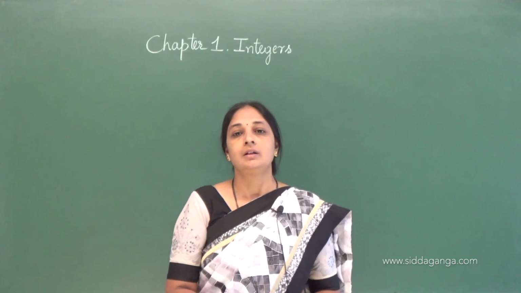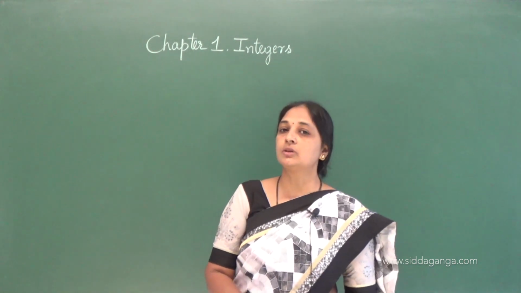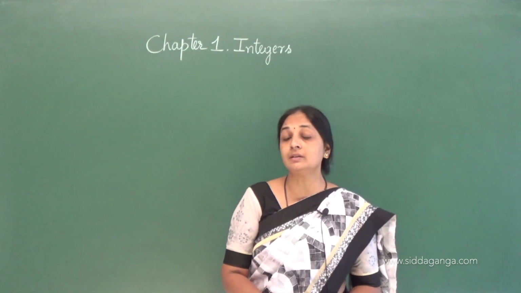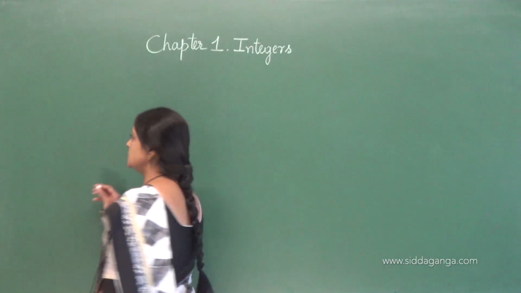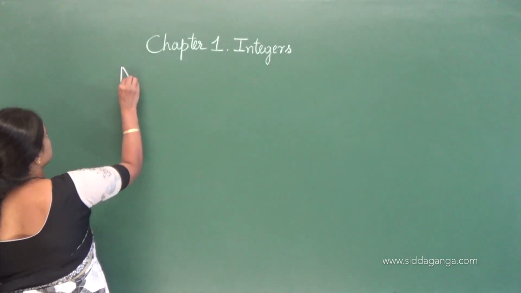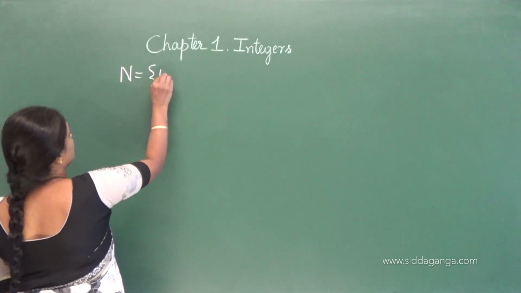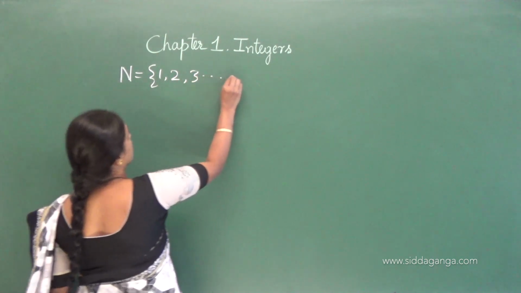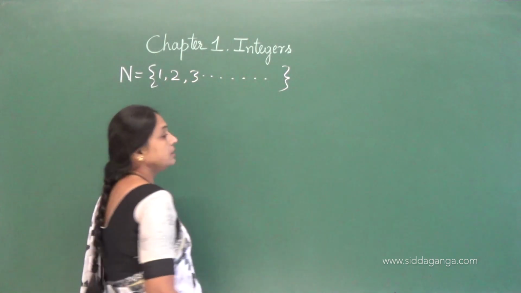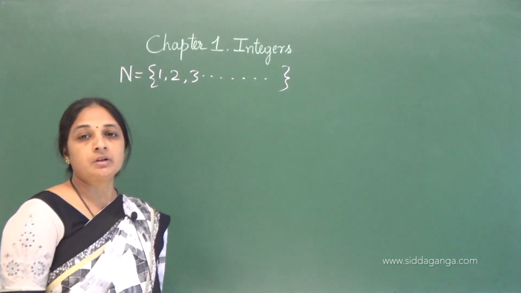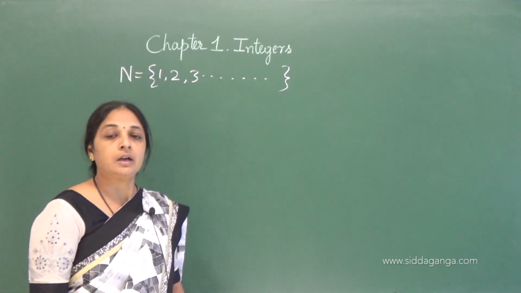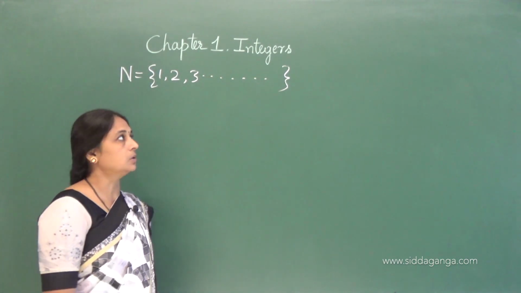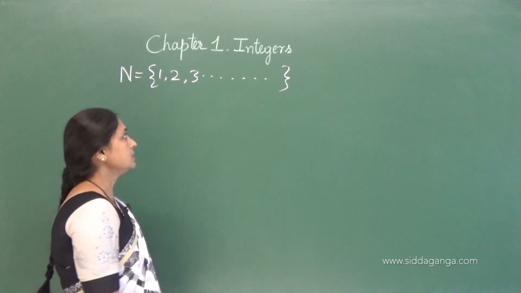So they are called natural numbers, and the natural numbers are represented by the letter N, and it's an infinite set. N is equal to 1, 2, 3 like that. There are infinite numbers, and it's an infinite set.